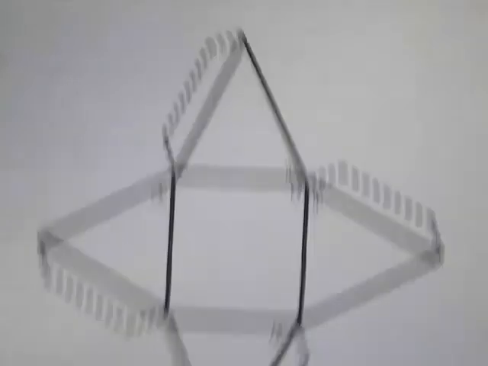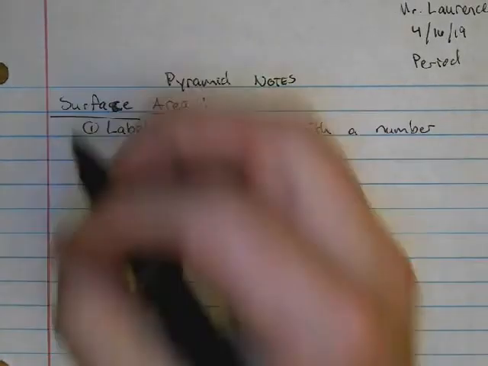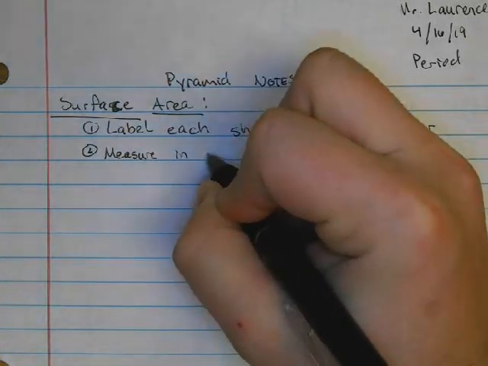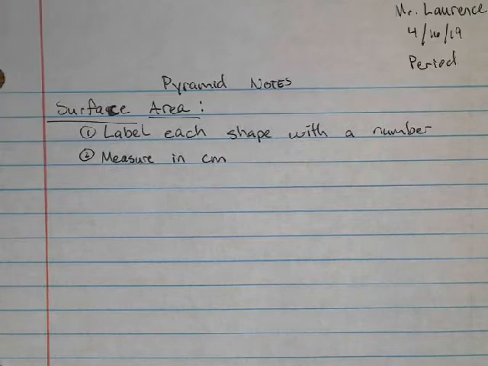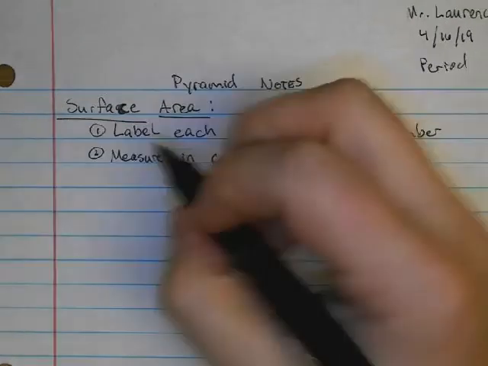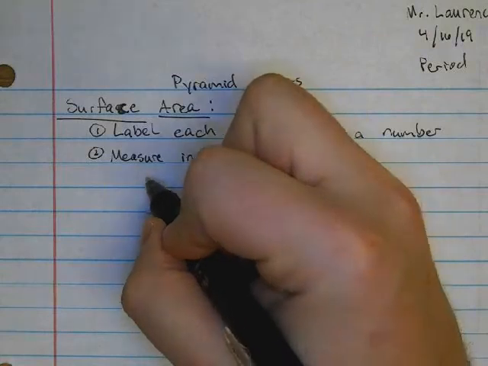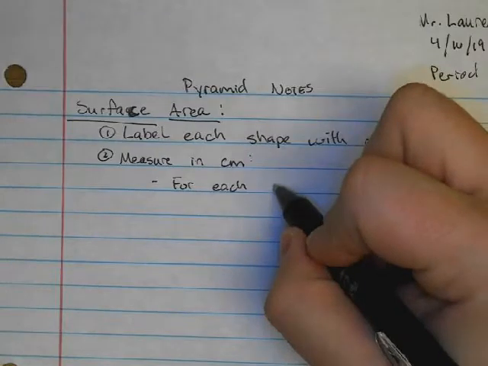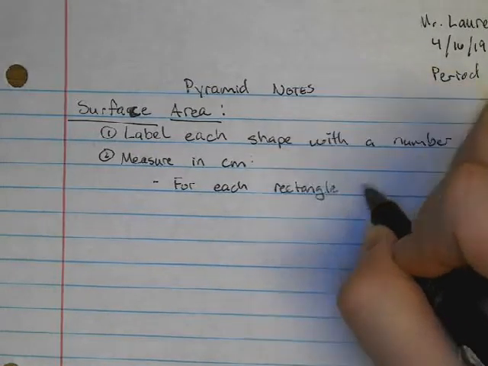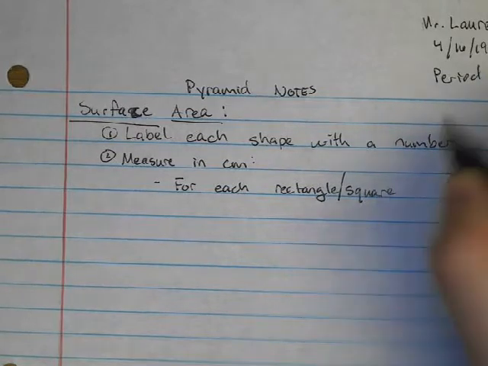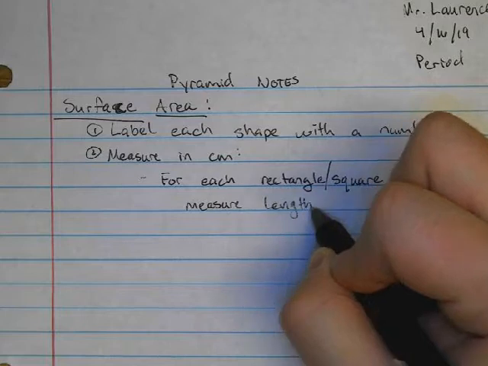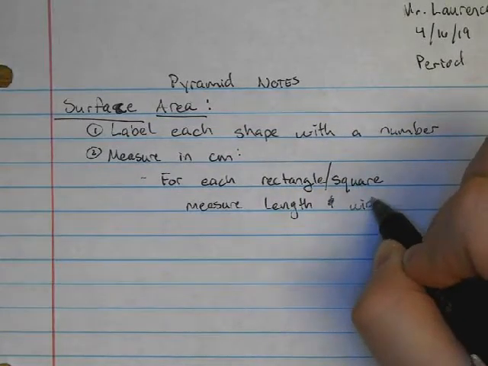Step 2 will be to measure in centimeters. So we're going to measure in centimeters. For each rectangle or square, measure length and width.